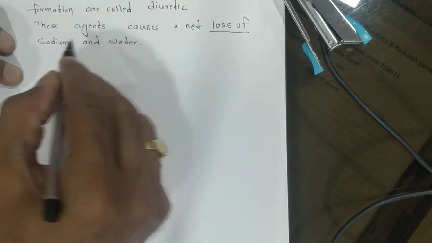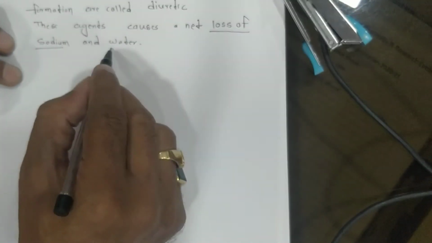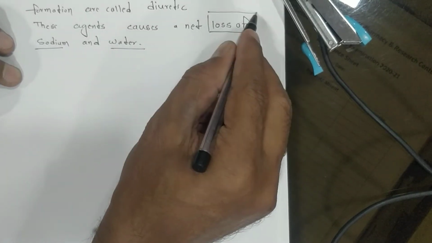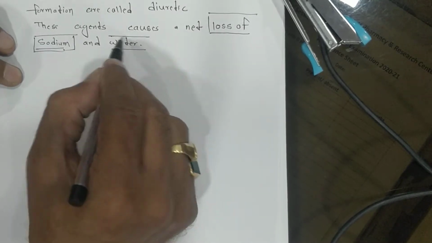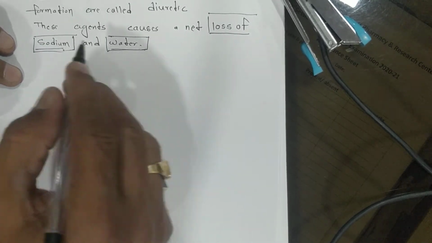Now see, diuretics are responsible for net loss of sodium and water. These are the main functions of diuretics. Net loss of sodium and water takes place.